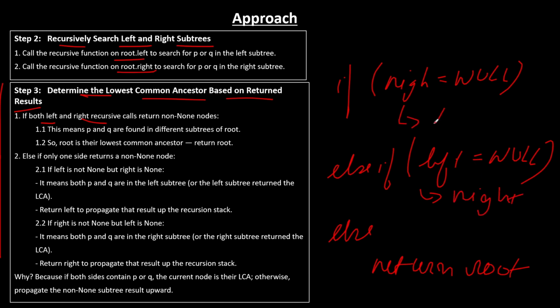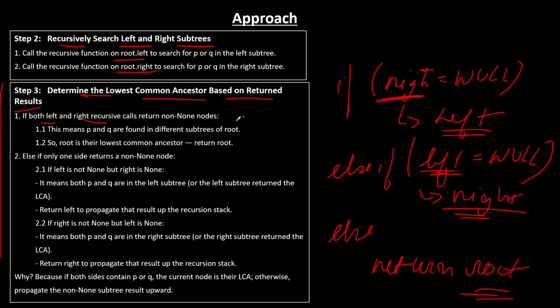Else we return root. So this is what we did previously: if right was null, we returned left, and if left was null, we returned right. If both were non-null values, we returned the root, which was basically the LCA. This is what is written here.